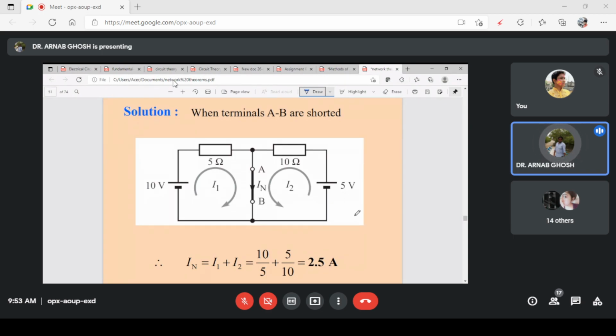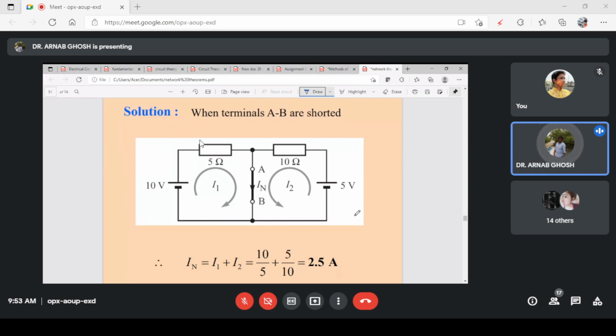For the voltage sources being placed in this fashion, I1 will be flowing in the clockwise direction, while I2 will be flowing in the anti-clockwise direction, because current flows from the positive terminal to the negative terminal. So current I1 will be flowing in the clockwise direction across the 5 ohm resistance, and current I2 will be flowing across the 10 ohm resistance in the anti-clockwise direction.